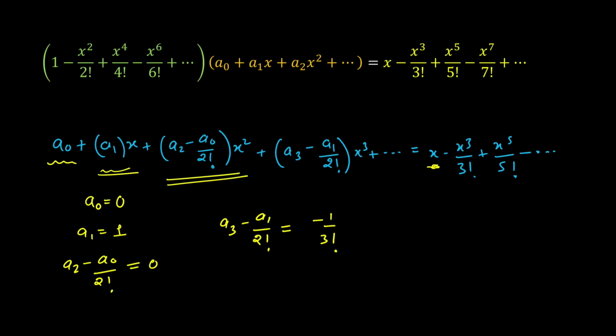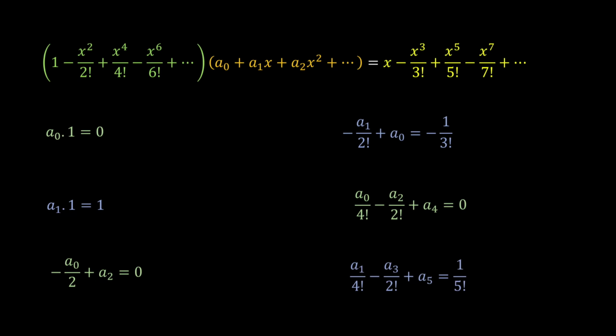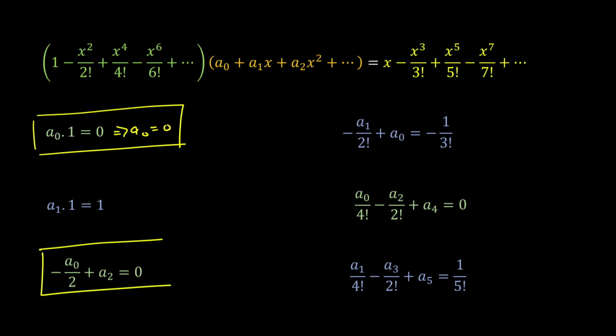Okay, so in this way we can compare different coefficients to form these equations. Now here we can clearly see that a0 is equal to 0, right? Now if we put the value of a0 in this equation, then we get a2 equals 0.